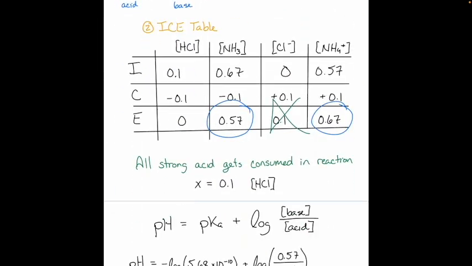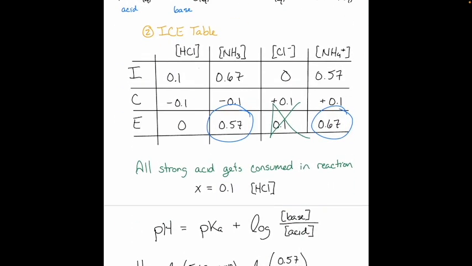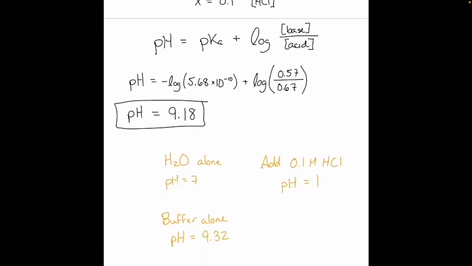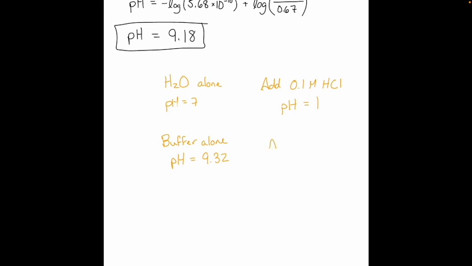All right, and then we did another calculation after we added that HCl. After we add 0.1 molar HCl, our pH has dropped, but only to 9.18.